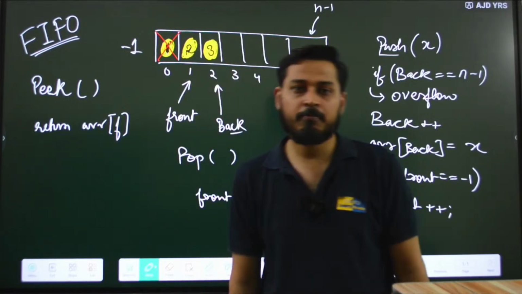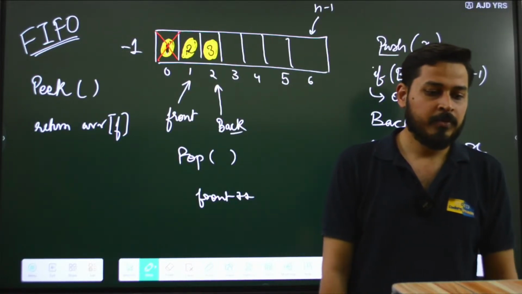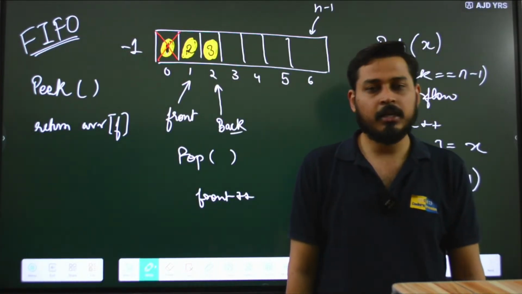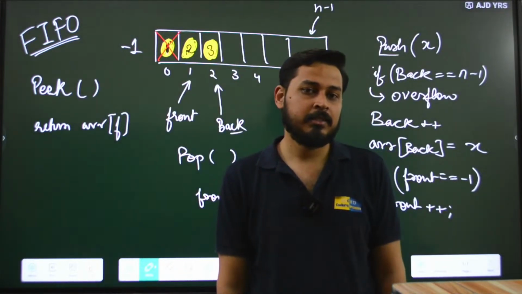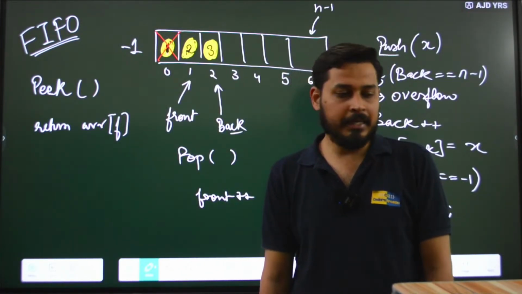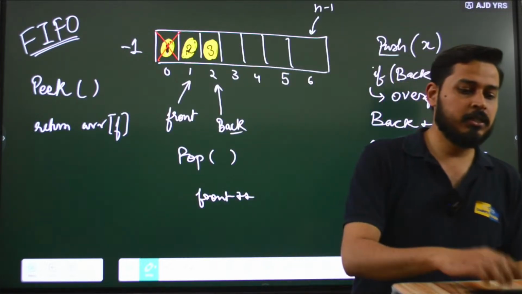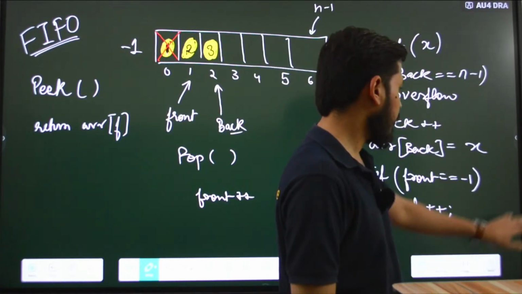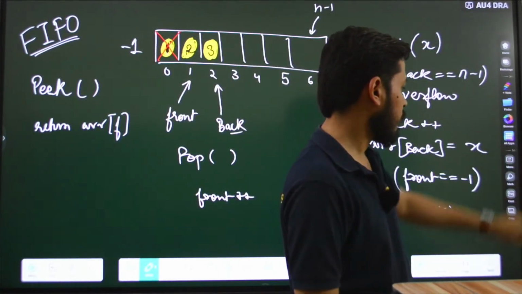This is going to be your peek function, and this is how we are going to implement queues in C++. Let us go ahead and see the code.